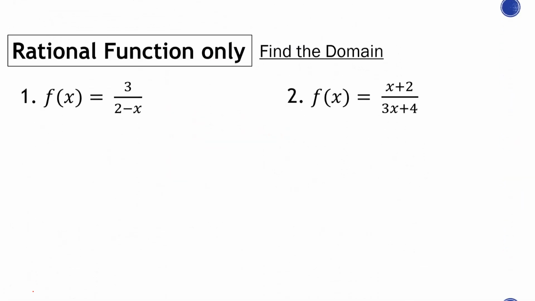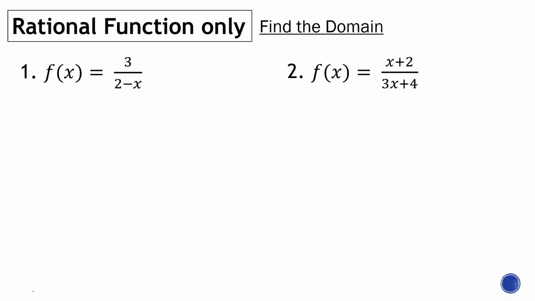Let's continue. When it comes to rational functions only, there is a restriction. And what is that restriction? The denominator cannot be equal to 0, meaning 2 minus x cannot be equal to 0. And number 2, 3x plus 4 cannot be equal to 0.